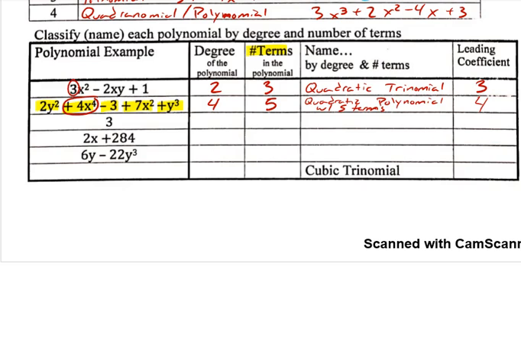The next one, it has a degree of 0 because it's like this. It has one term. It is a constant because it's just a number, monomial because it's just one term. And the leading coefficient is itself, which is a 3.